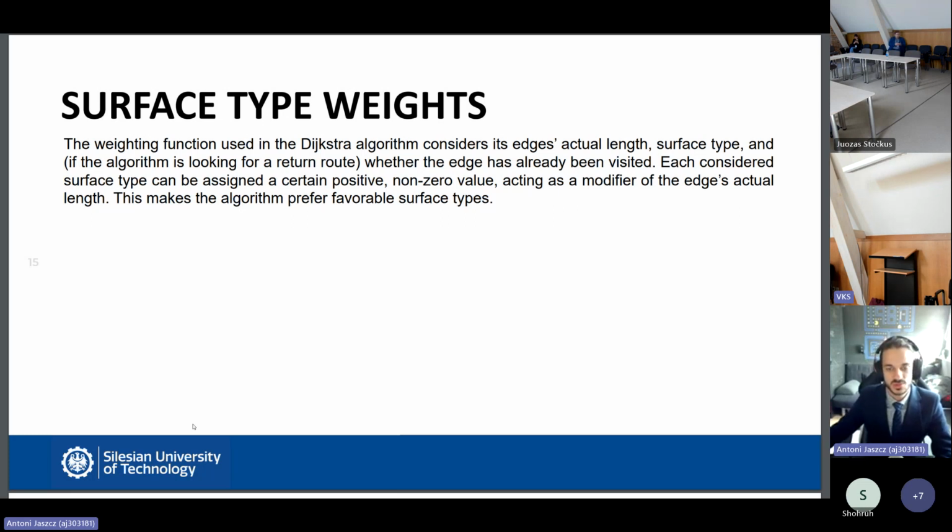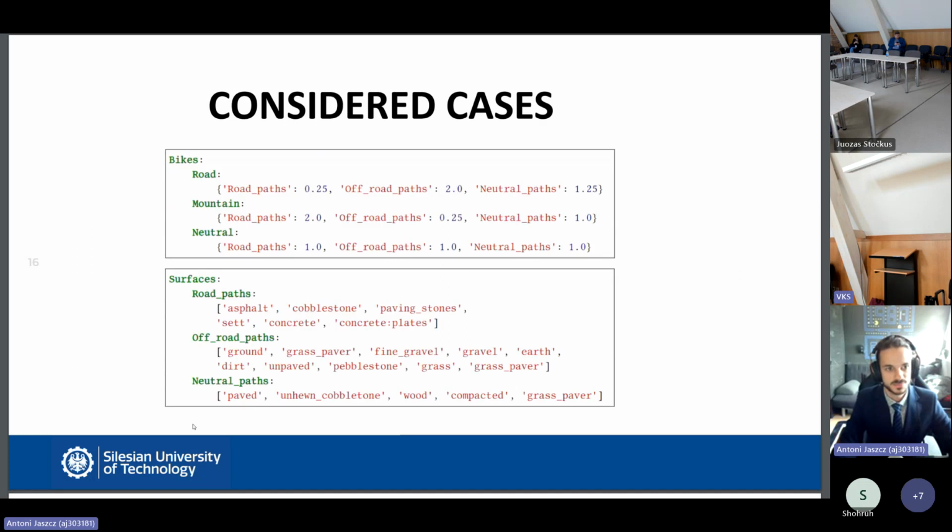So with favorable surface types, we basically consider the true length of the certain edge to be shorter than it really is, while with the opposite, we consider it as longer than it really is. And the list of considered cases and settings is now presented on the presentation.